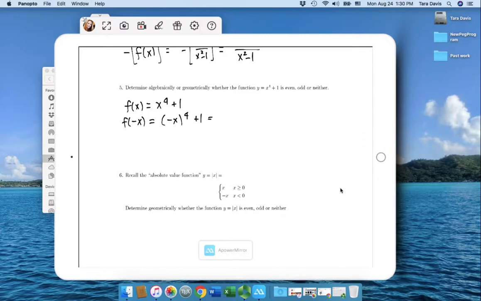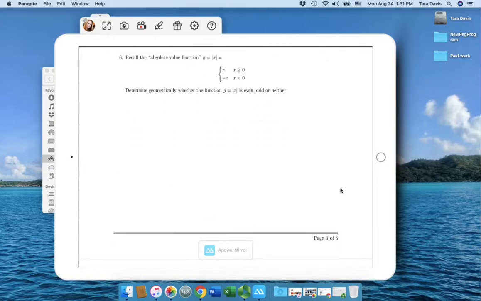And after simplifying, that equals x to the 4th plus 1. So these two are the same already. So that means that the function is even. Okay, so as you see, it could be even, odd, or neither. You just need to basically check and see what's going on in each case.